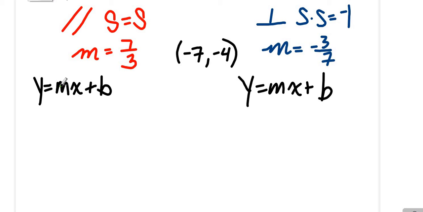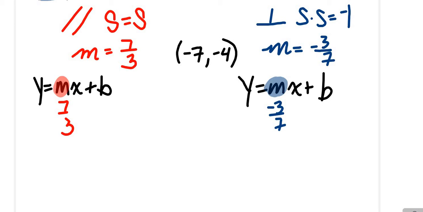So in this case, our slope is the 7/3 for parallel. For perpendicular, our slope is going to be -3/7.